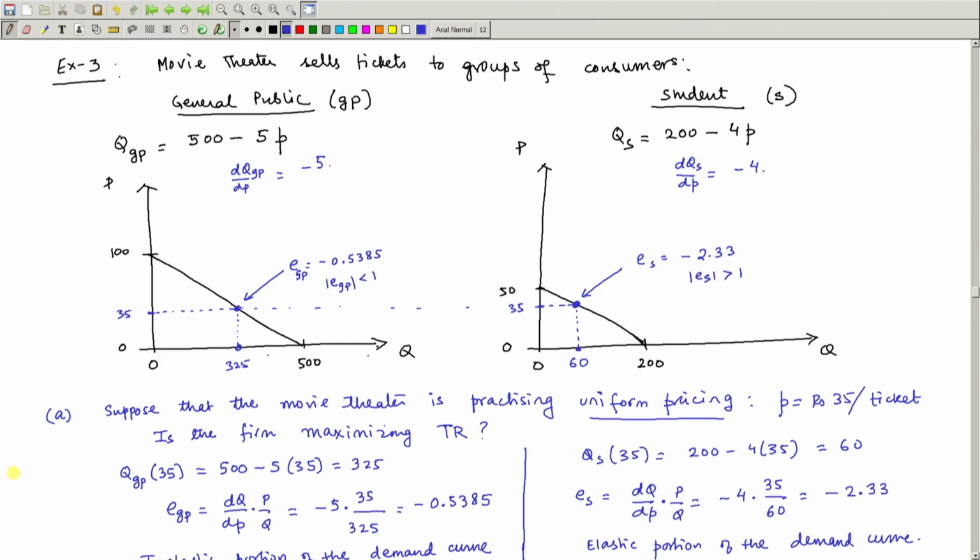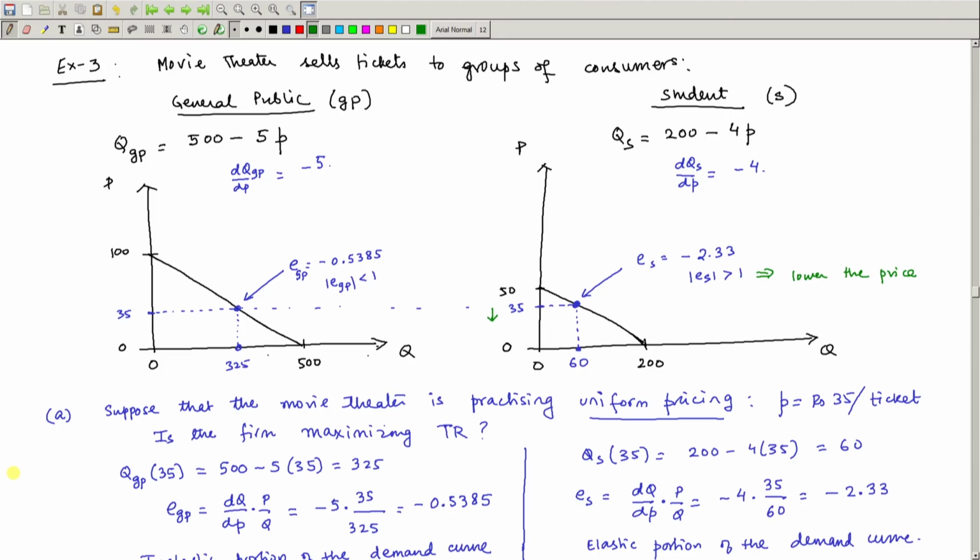How do I know that? Because the price elasticity of demand is bigger than 1, which will translate to an increase in total revenue. So, as far as the student group is concerned, what the theatre needs to do is to lower the price. In fact, bring it from a number 35 to some other number which is smaller than 35.